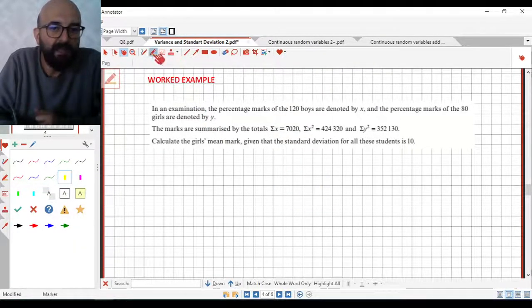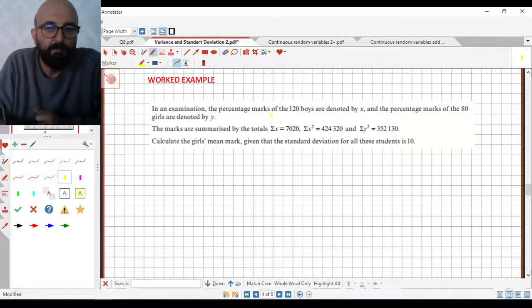In an examination, the percentage marks of the 220 boys are denoted by X, and the percentage marks of the 80 girls are denoted by Y. And the marks are summarized by the totals: the sum of X, the sum of X square, and the sum of Y square.